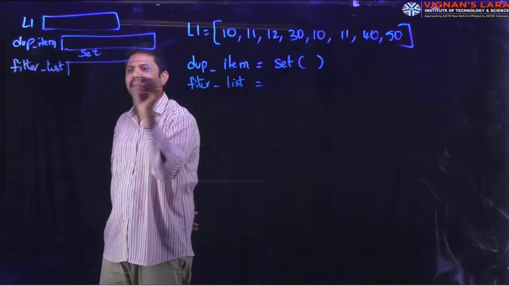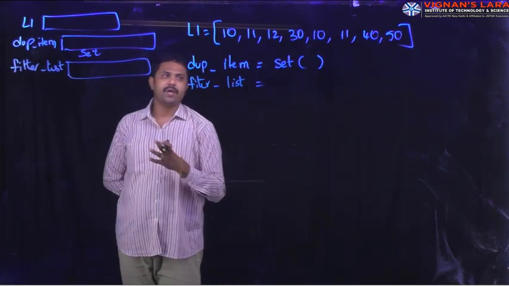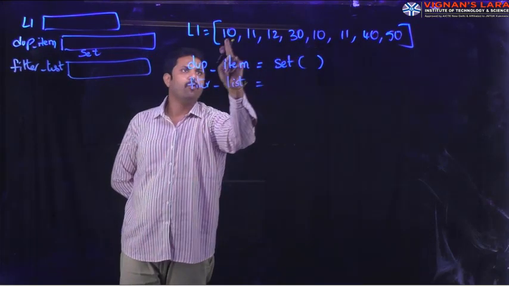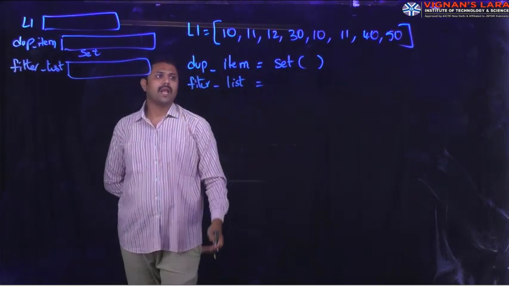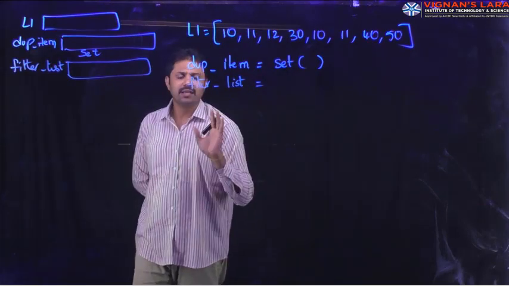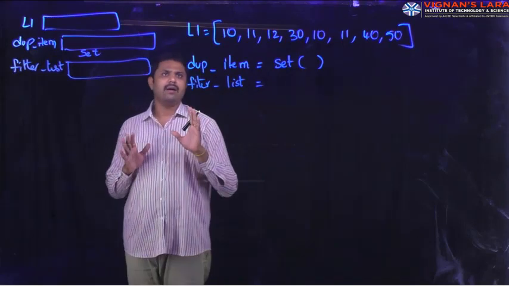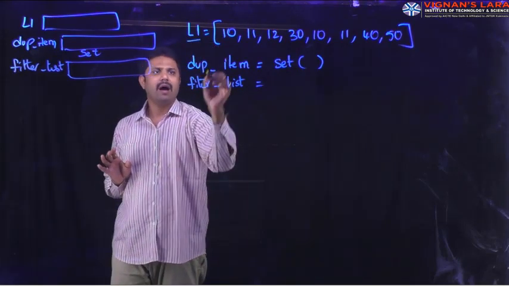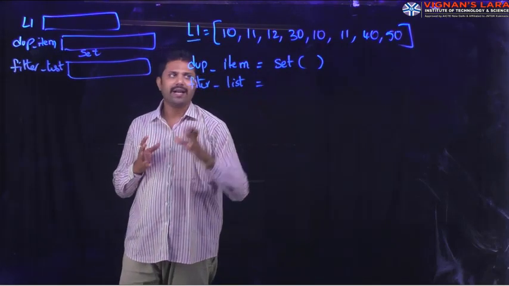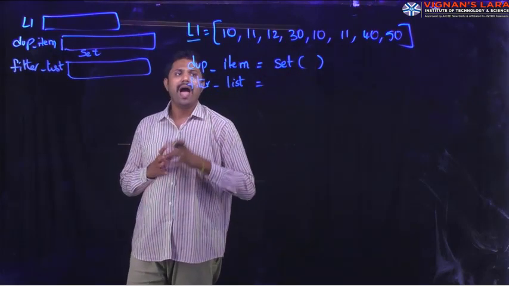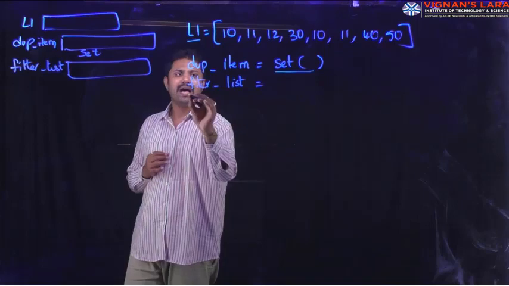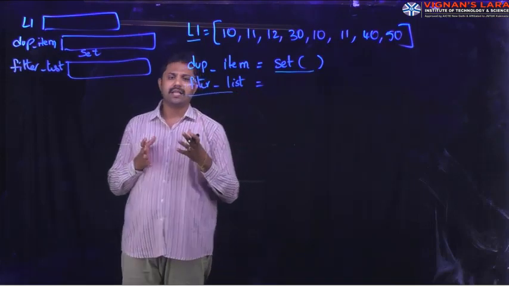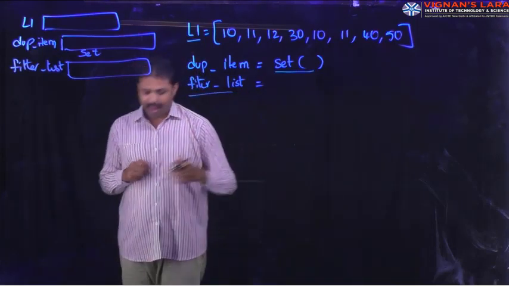This list contains the filtered information. That means after removing these duplicate items, I am going to store them in this list. So these are the variables I am taking. I am taking L1, which contains the information we have, and next duplicate items, which is nothing but a set. So the next one is the filter list. That is nothing but an empty list I have taken.